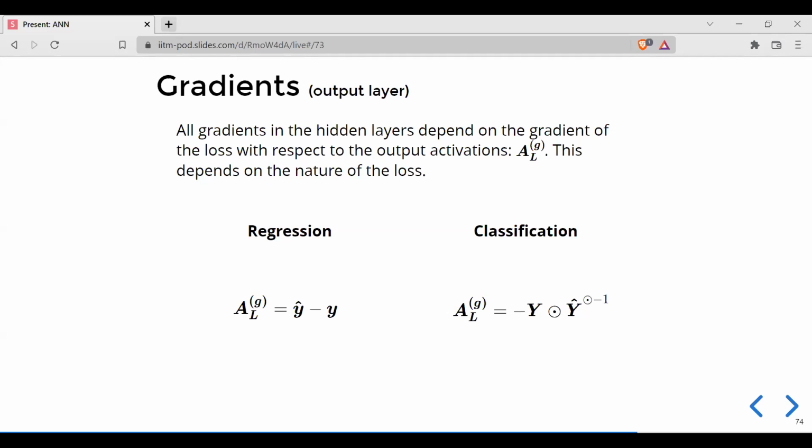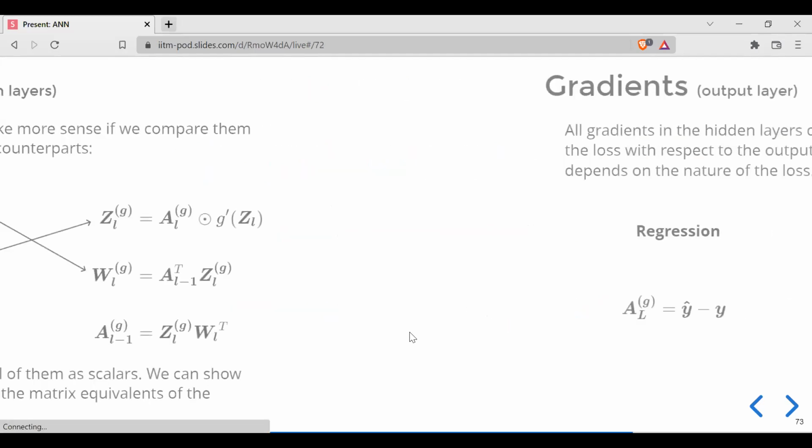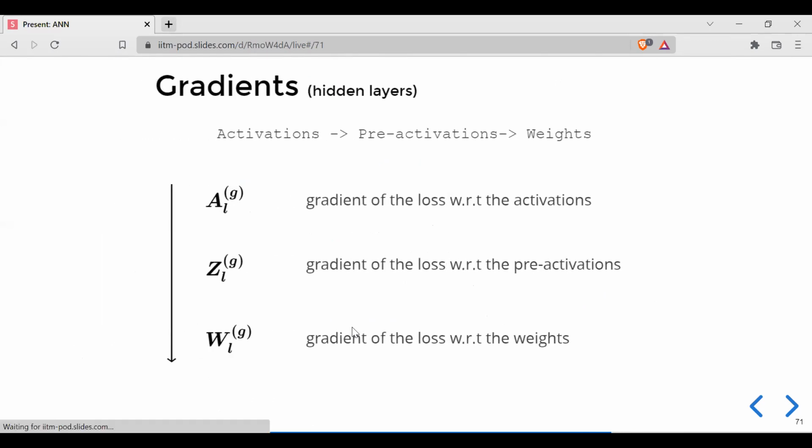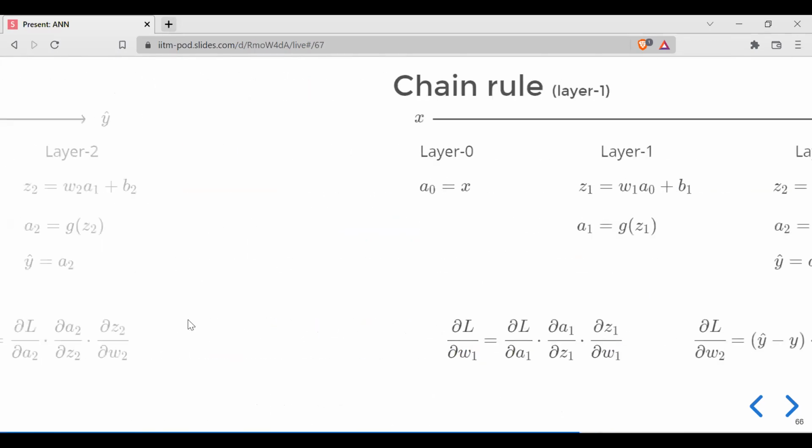Okay, so here it is loss. Loss is y hat minus y in the case of regression, but in the case of classification, this is the loss as defined here. It should have this kind of form.